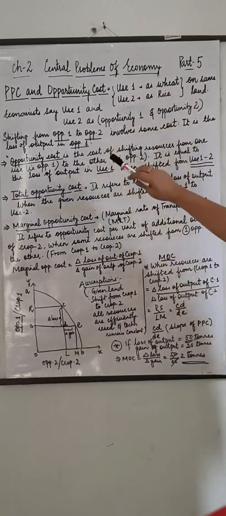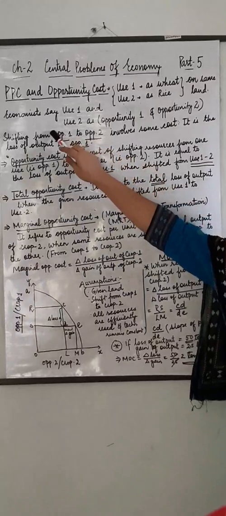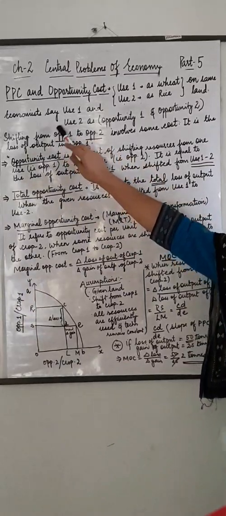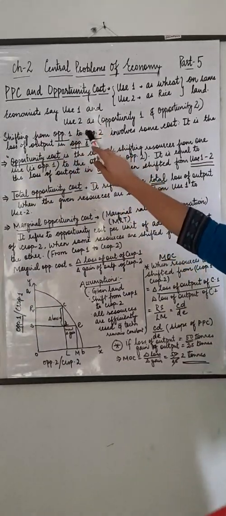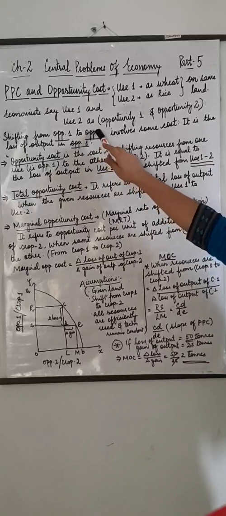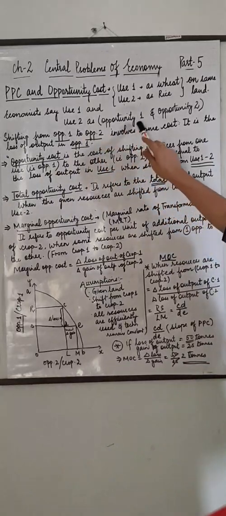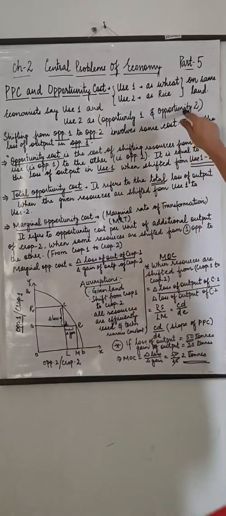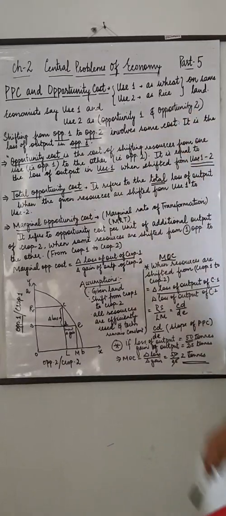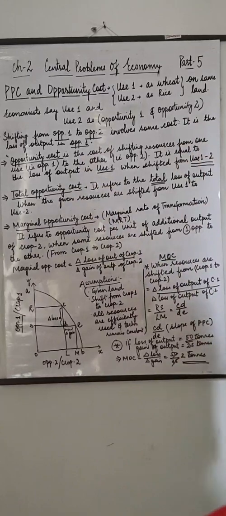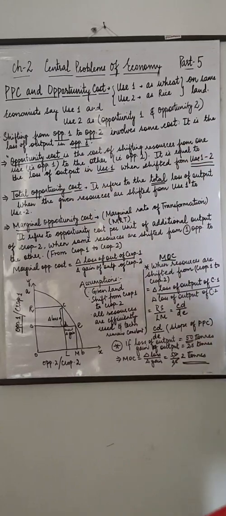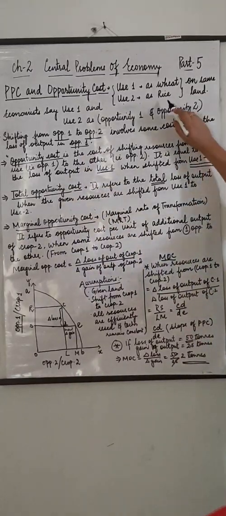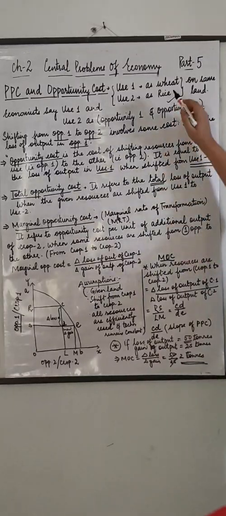And economics says that use 1 and use 2, they are termed as opportunity 1 and opportunity 2. Two opportunities are there to do anything. We have one opportunity to grow more of the rice and one opportunity to grow whole of the wheat.